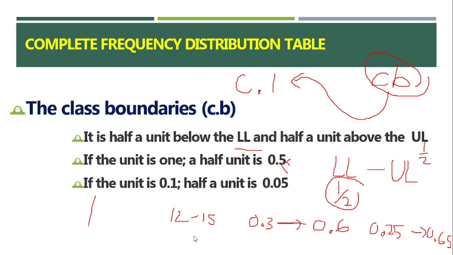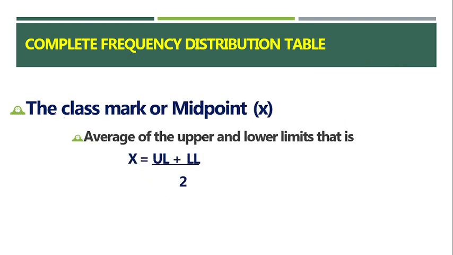Next in line, we have the class mark or the midpoint. The midpoint is the middle of the lower limit and upper limit. We are going to divide the sum by 2. Again, this is not the average, because most likely when students see that we are adding and dividing, they think it is the average. That is not average.